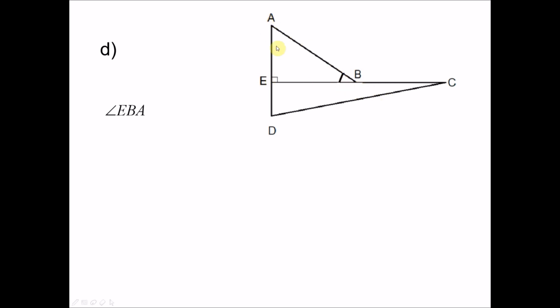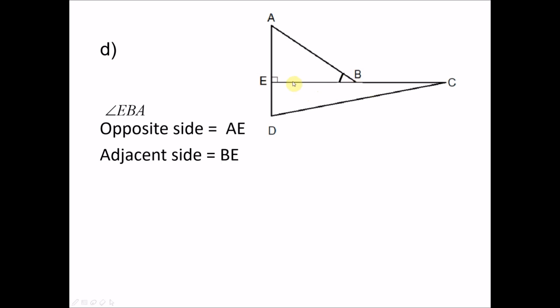We ignore the lower triangle for now. So for this angle, the opposite side will be AE. The adjacent side will be BE or EB. It doesn't matter whether you write EB or BE. And of course, the hypotenuse is the longer side, which is opposite to the right angle, which is AB.